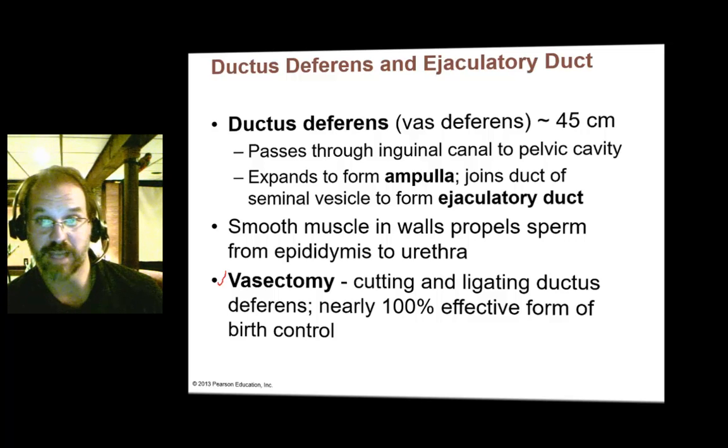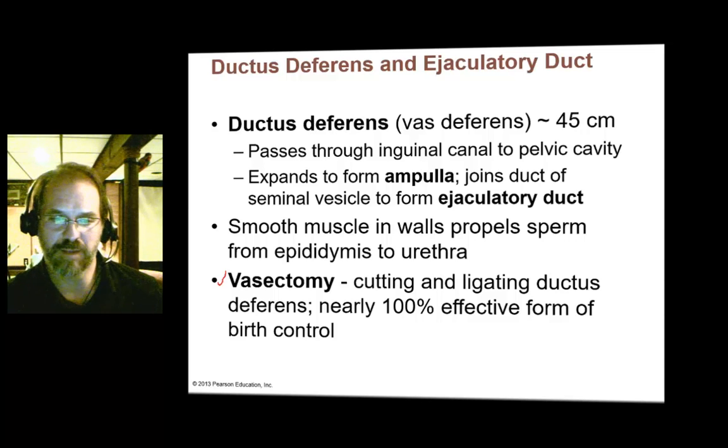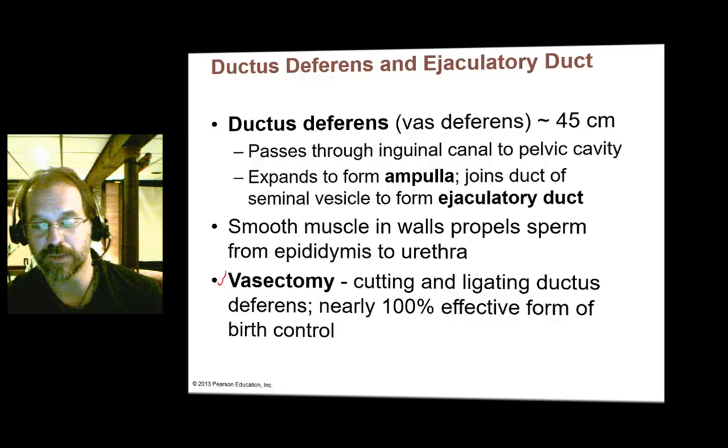Obviously you have to do it bilaterally, you have to do both sides, and when males have a vasectomy, one of the problems is that after they have the surgery, they frequently don't go for their follow-up visit, where you have to give a sperm sample that has to be checked microscopically to verify that there are no active motile sperm.